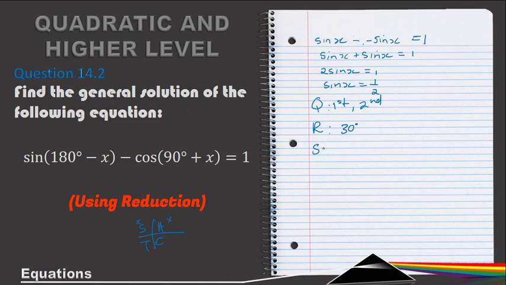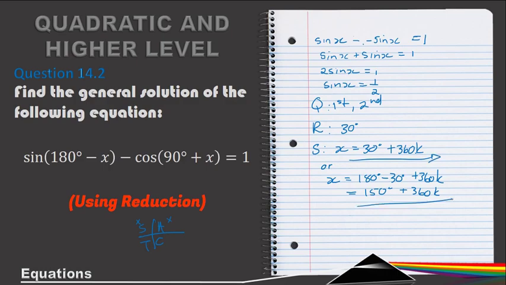Then to solve for our first quadrant, x is just my reference angle plus 360k, or x for the second quadrant is 180 degrees minus my reference angle plus 360k. To simplify that, we just have 150 degrees plus 360k. So here we have our two general solutions, this one and this one.